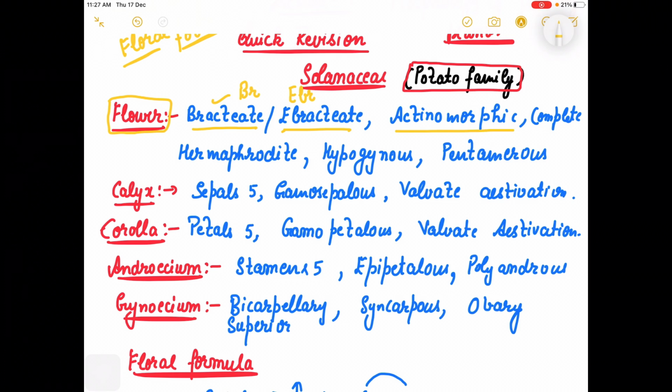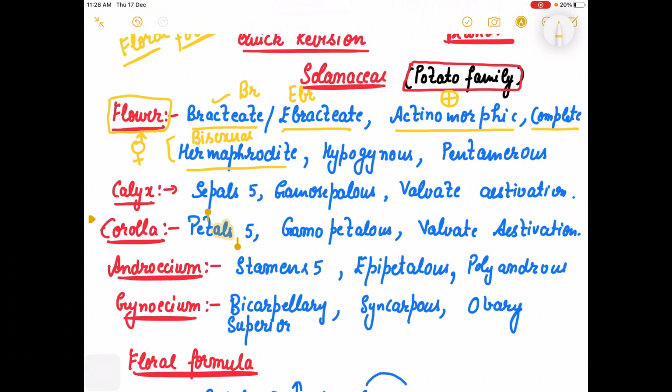Then it is actinomorphic. The symmetry is radial symmetry, that is actinomorphic. Flower is complete and it is hermaphrodite, and you know that hermaphrodite means it is a bisexual flower, so we are going to use both the signs to show this hermaphrodite flower.